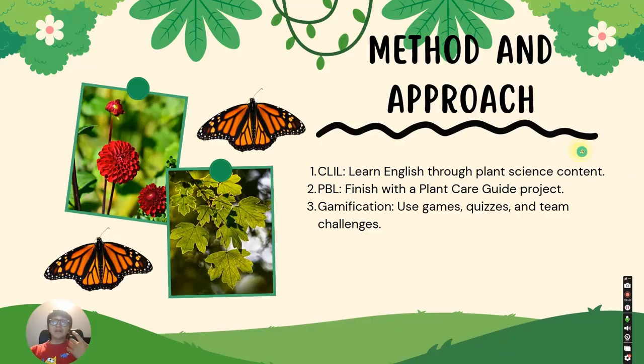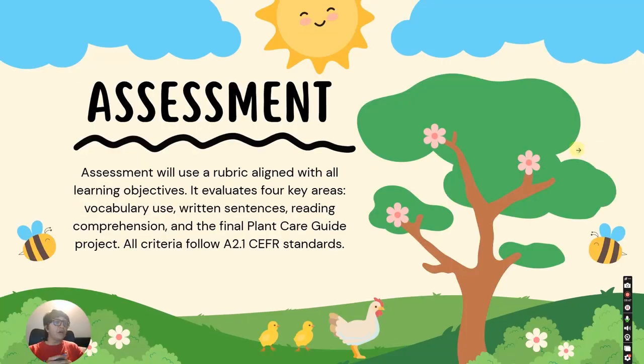Now, let's talk about the assessment, how we are going to evaluate everyone. Finally, the evaluation for this unit will be based on a design that will cover every objective that we saw before: vocabulary use, written sentence production, reading, and the final part, the plant care guide project with the creative part, right?